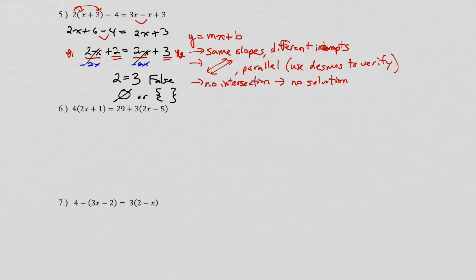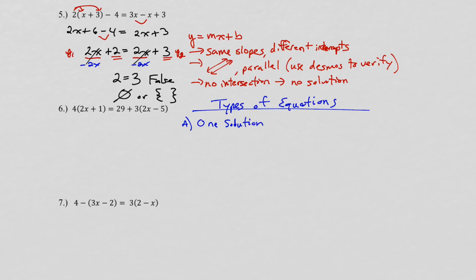Okay? So this brings us to our next topic, and that is the types of equations that we'll be dealing with. The first example that we've been doing, if we get an answer, is called one solution.